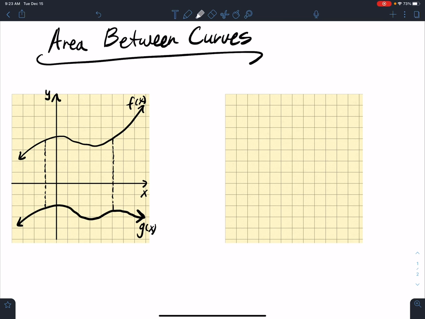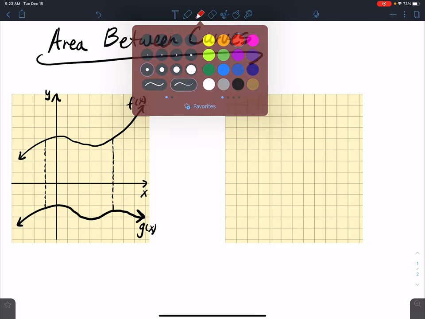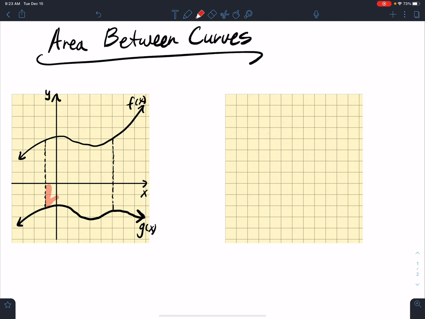So we'll shade that in. So we want to find the area of this weird looking flagged shape object.